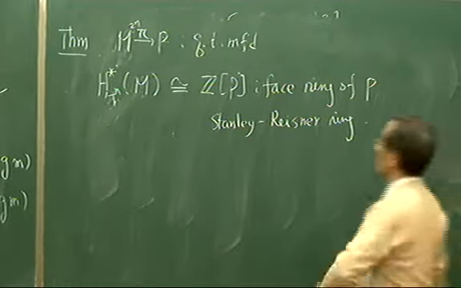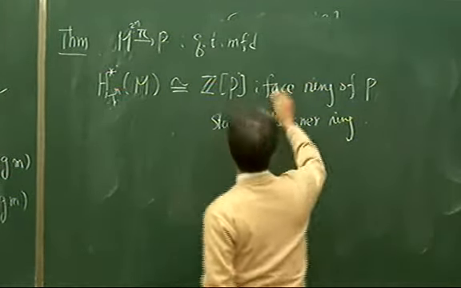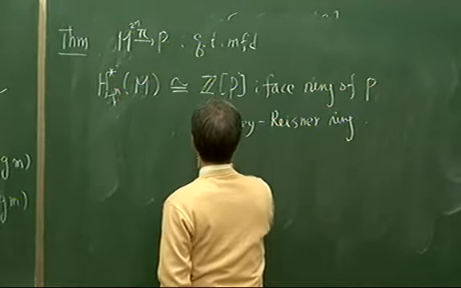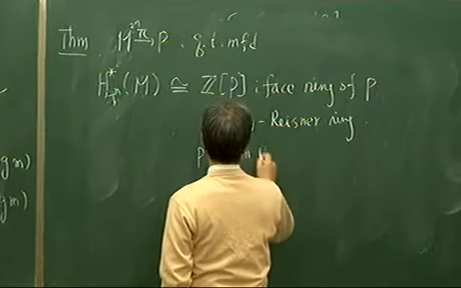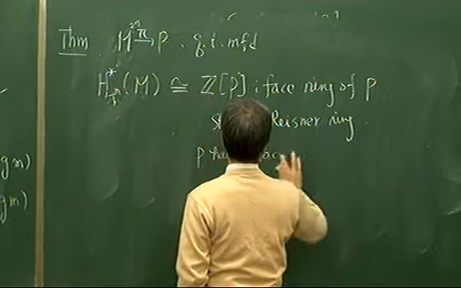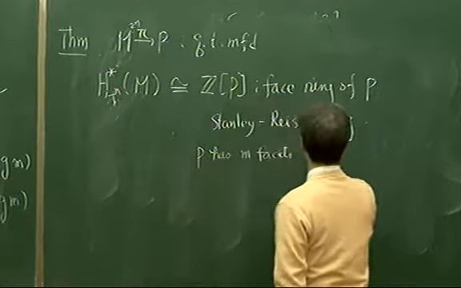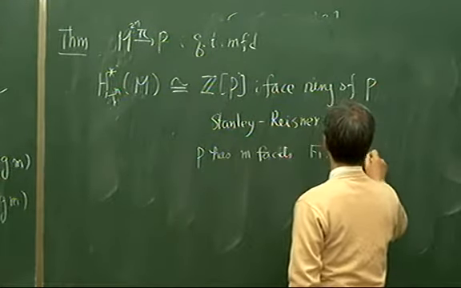But what is this? Suppose P has m facets, F1 through Fm.